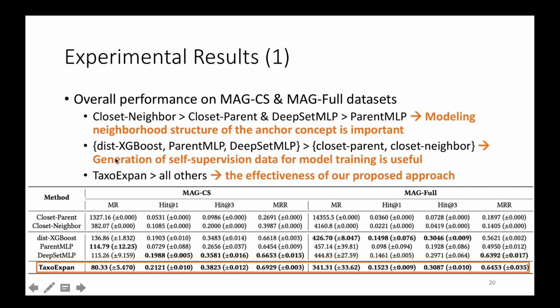Second, you can see that all the self-supervised methods can outperform the unsupervised methods. That shows generation of self-supervision data for model training is very useful. And finally, TaxoExpan can outperform all the previous methods. That shows the effectiveness of our proposed approach.